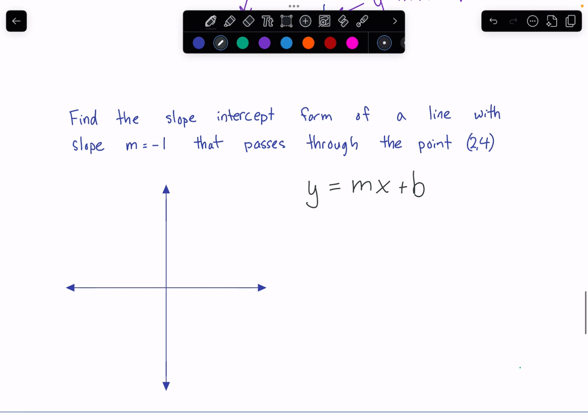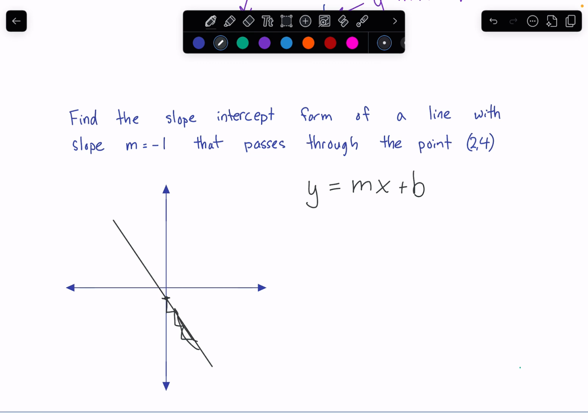So that's all the information you need, right? If you knew that a line has a y-intercept of -1, so let's say it crosses right here, and that has a slope of -1, well, you could draw that line, right? You could graph it, you'd go down 1 over 1, down 1 over 1, down 1 over 1, get a couple points, and draw the line. You'd be good to go.